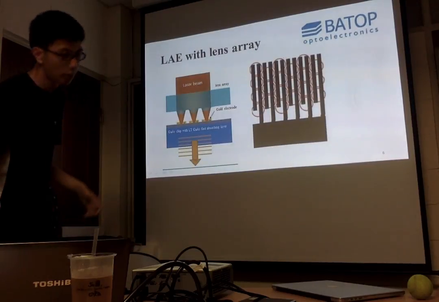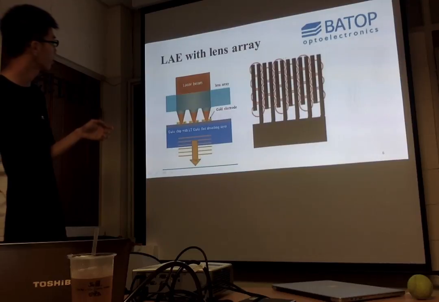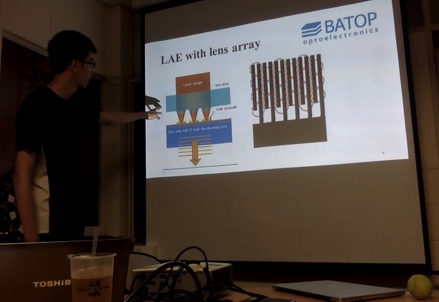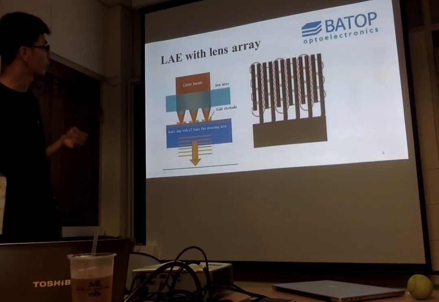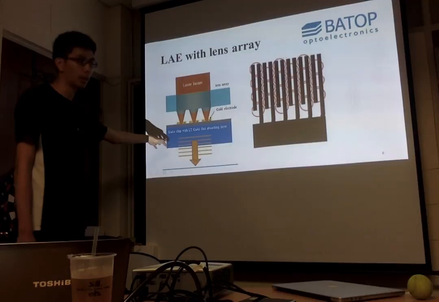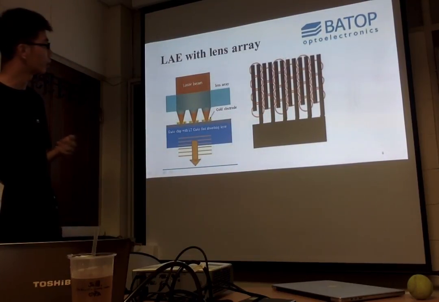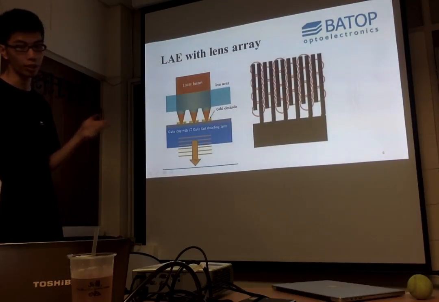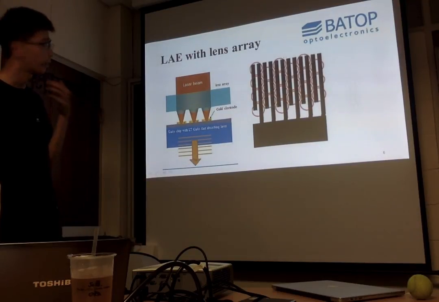And the light goes inside the lens array, and the light is focused on the first gate. By using the microlens array, only the first gate is illuminated by the laser.